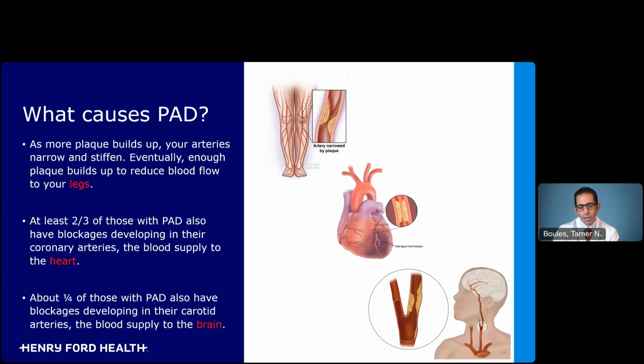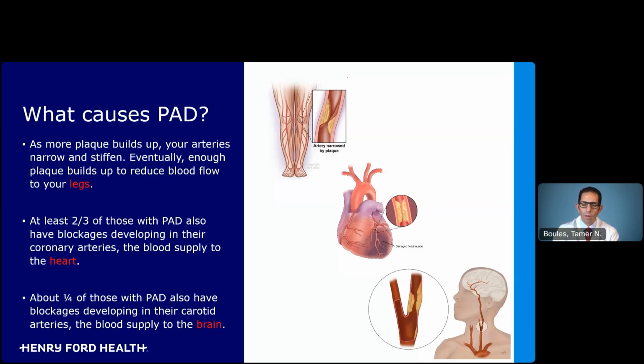About 1/4 of patients that have peripheral arterial disease might also have blockages that can develop in the carotid artery, which is another artery that supplies blood flow to the brain. And when it is blocked significantly, it can result in the development of strokes.